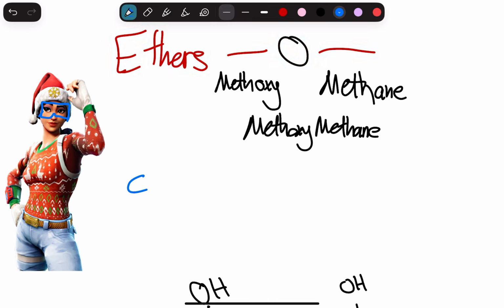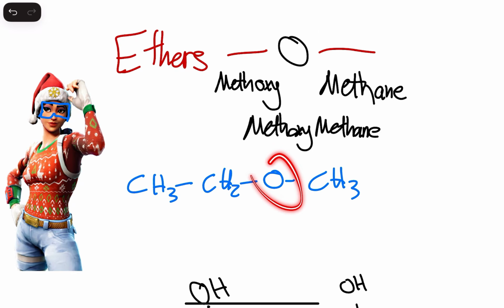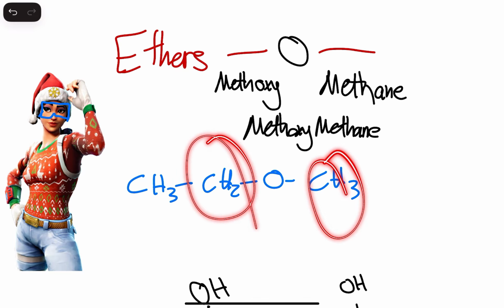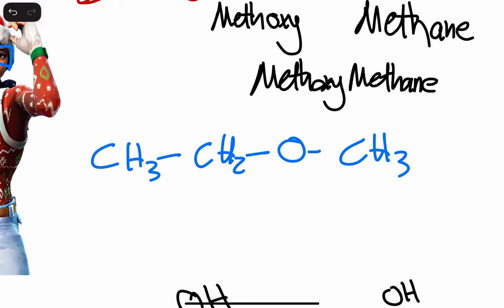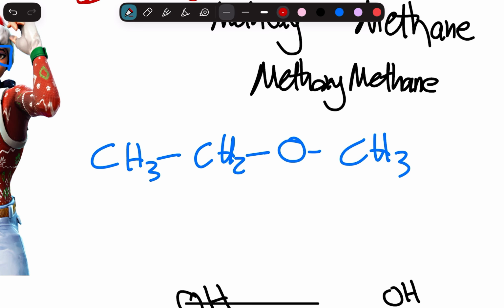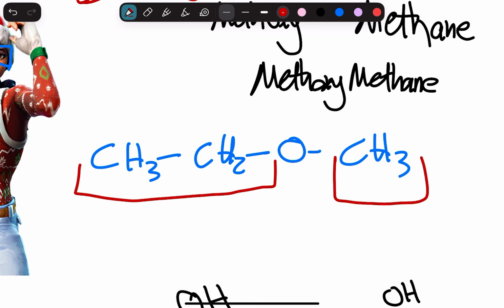Let's say we have something like this. And we have our oxygen and then our carbon group right here. So automatically we know this is an ether because when we see that oxygen surrounded by two carbon groups, we know it's an ether. So how would we go on about naming this? So what we should start by doing is by separating the groups on either side of the oxygen.